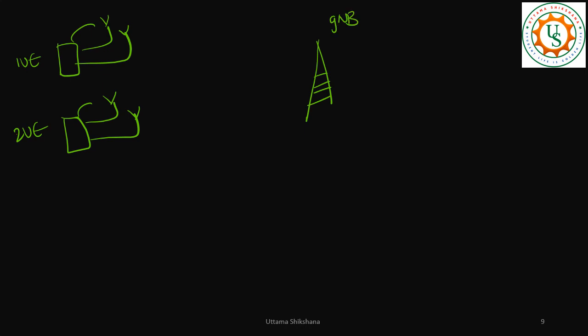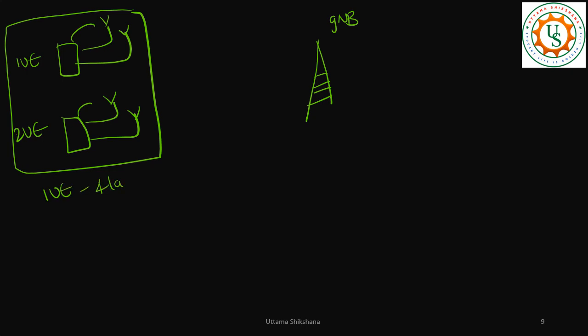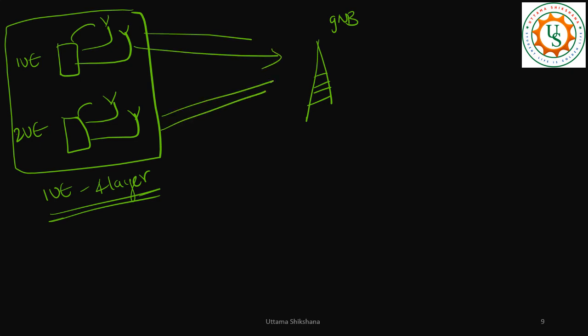So let's say we have two UVs, 2 layers each. If you want to allocate data on all the subcarriers, then what should be done at the G node B? It should see this as a single UV with 4 layers. Okay, so you would be receiving signal from all the antennas.